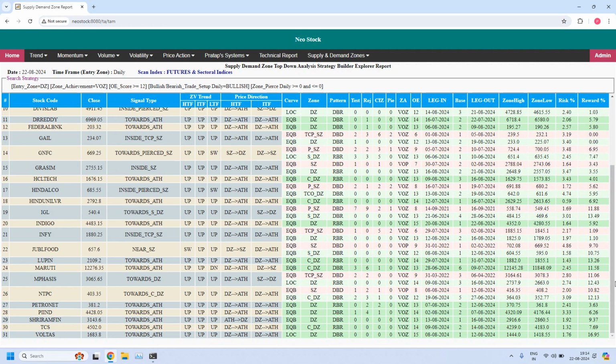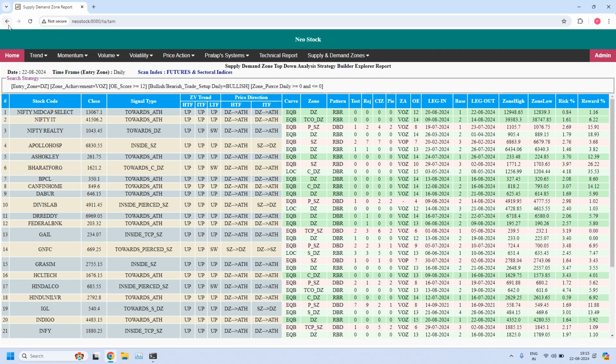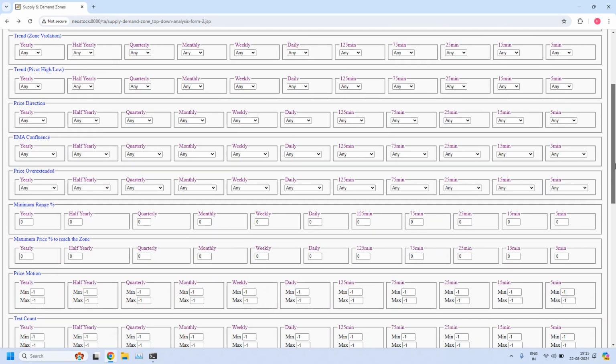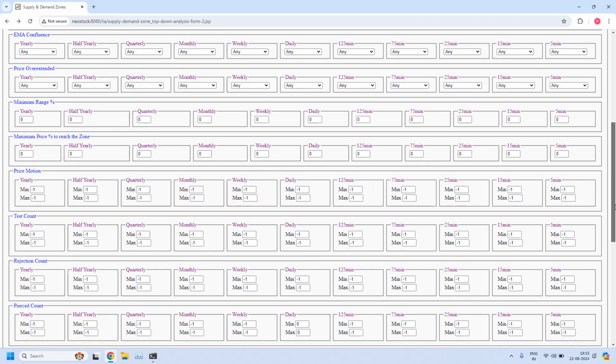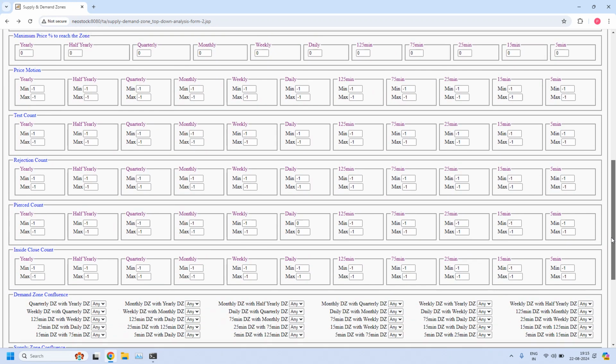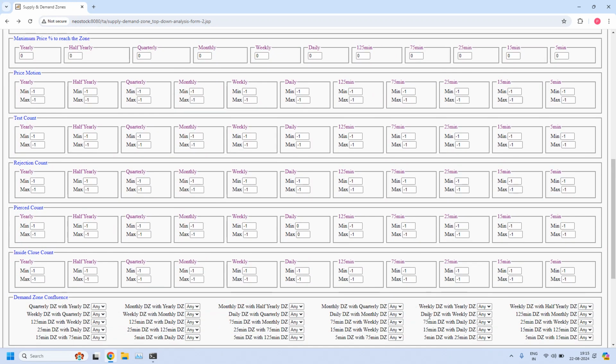Out of these 31, how many are currently supporting even zone confluence? Here the daily zone is the LTF, lower time frame zone. So let us look for ITF confluence, that means daily and weekly confluence. So I am going back. In the demand zone confluence, I am looking for the daily demand zone with the weekly demand zone confluence.